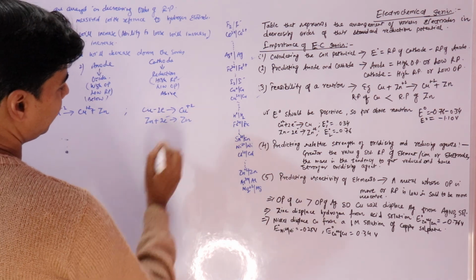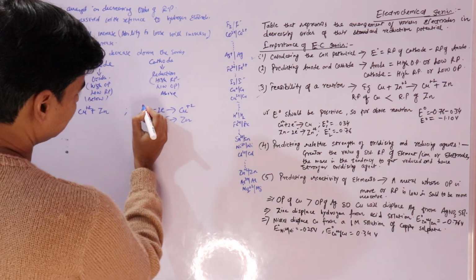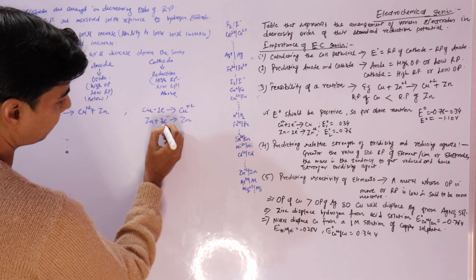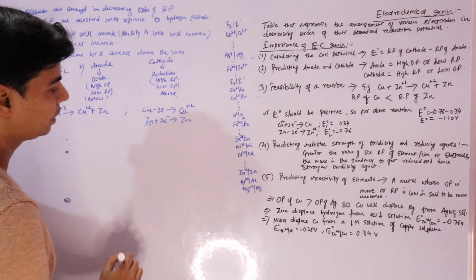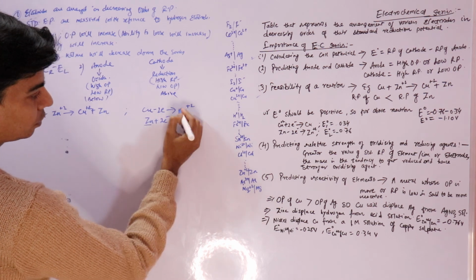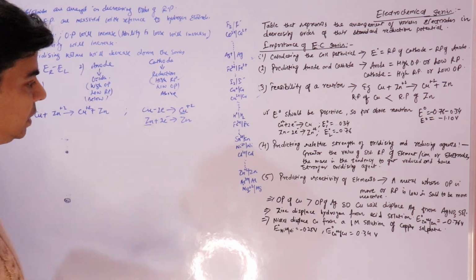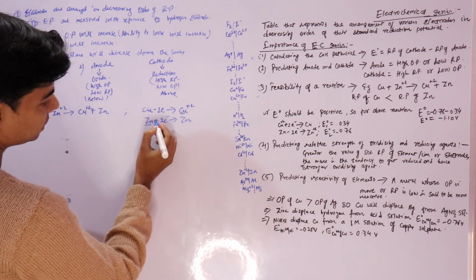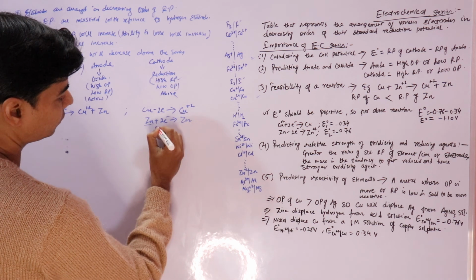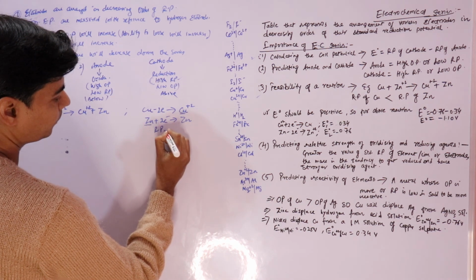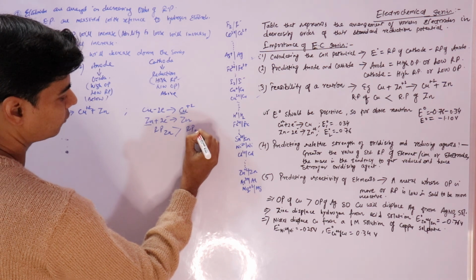So here, as per this reaction, for it to occur spontaneously, since zinc is undergoing reduction, the reduction potential of zinc should be greater than the reduction potential of copper.